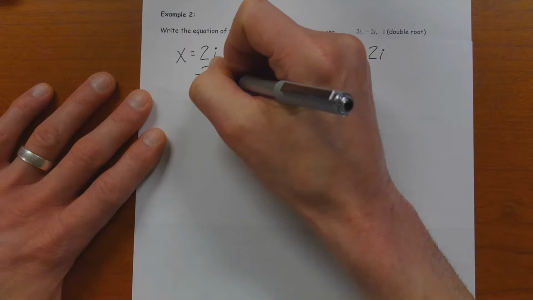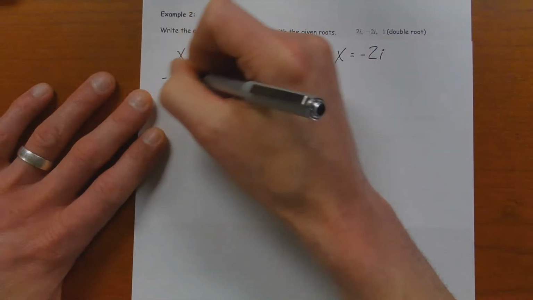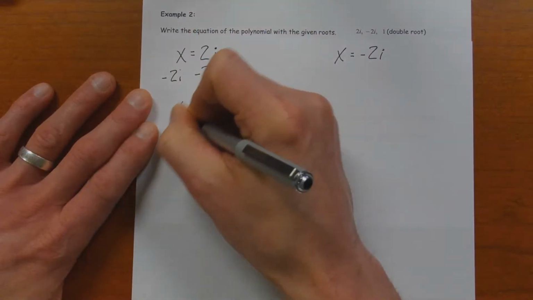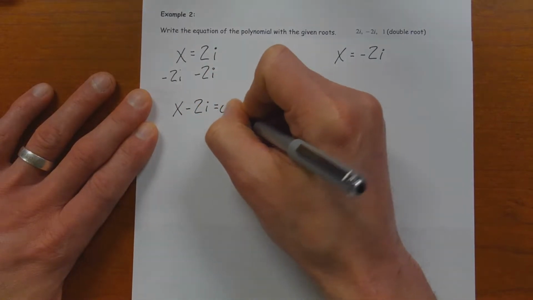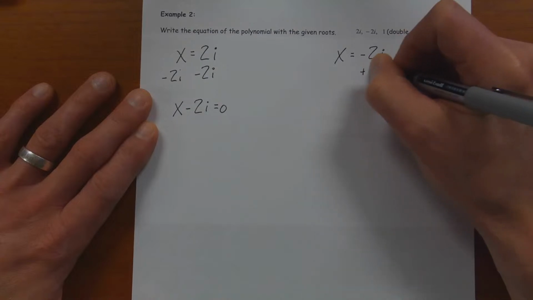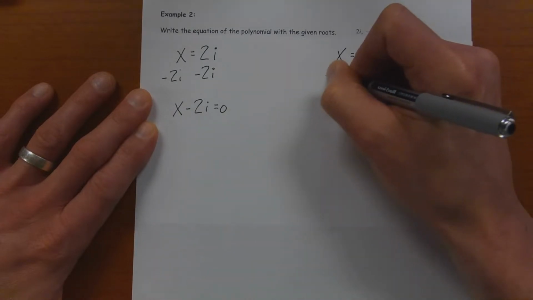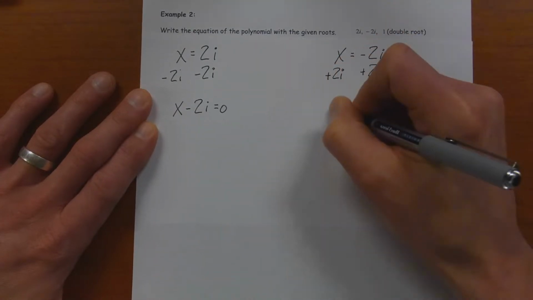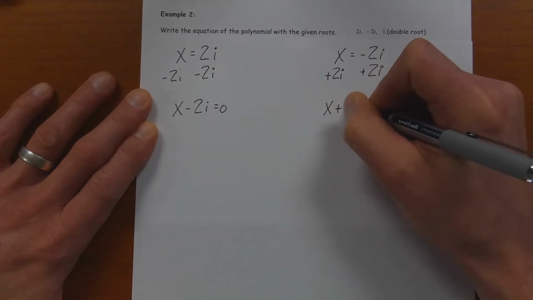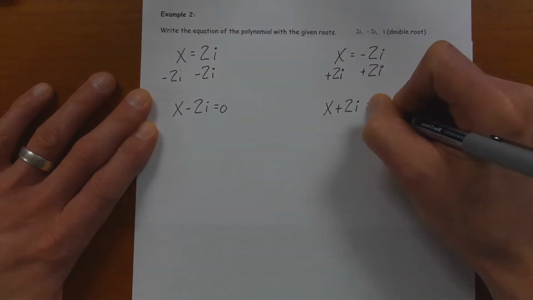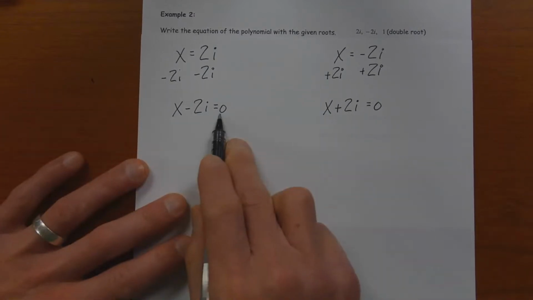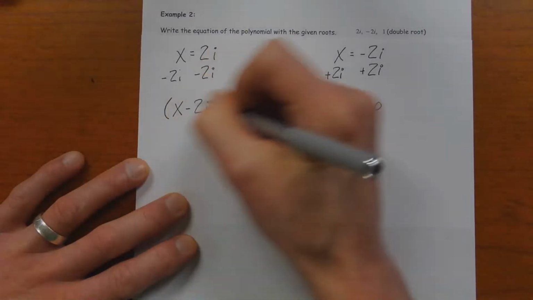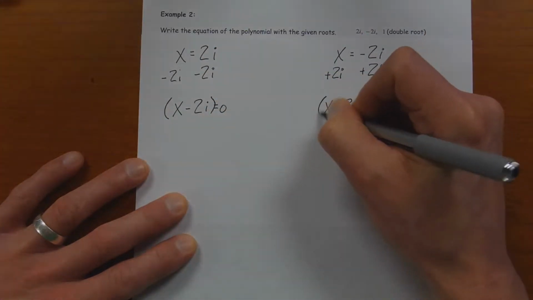So this one, subtract 2i from both sides. And over here I would need to add 2i to both sides. Okay, now going forward, I don't need the equals 0 portion anymore. I just need what I have here.